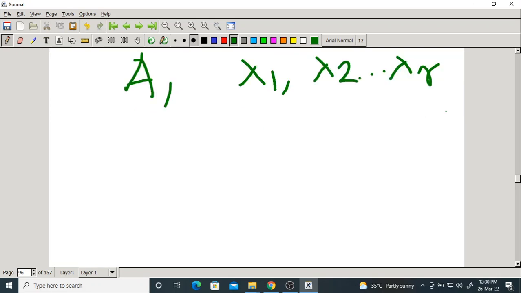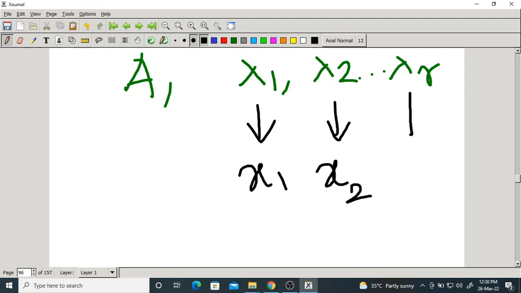Correspondingly, it will have eigenvectors, let us take x1, x2. x1 is the eigenvector corresponding to eigenvalue lambda 1, x2 is the eigenvector corresponding to eigenvalue lambda 2, and this is xr.